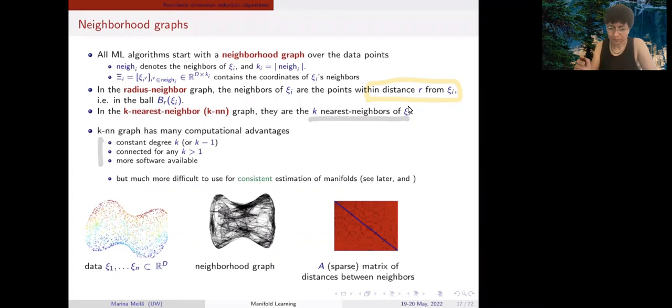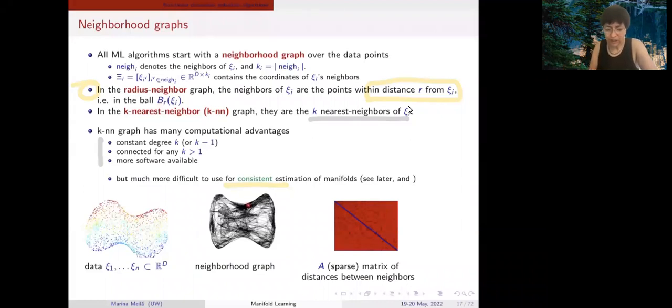However, for certain operations, consistent estimation is only assured if we use the radius neighbors. So in the rest of this lecture, we are going to only use the radius neighbors. Okay. For the radius neighbors, we need to choose the neighborhood radius R. This is something that we are going to talk about tomorrow.